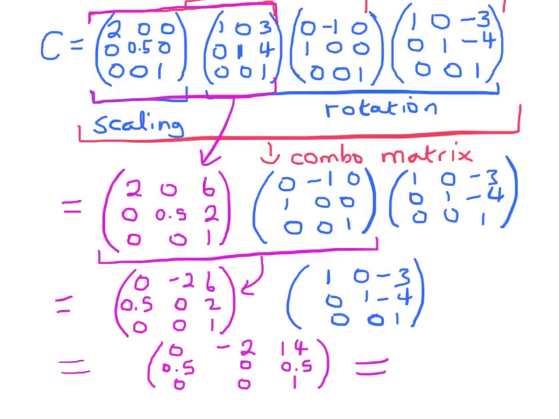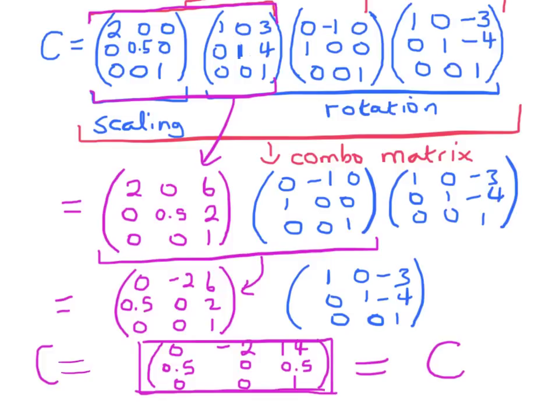So that's my combo matrix C, or I could write it aside here. This is my combo matrix C here. That combo matrix will do the entire transformation that's defined at the top of that question.